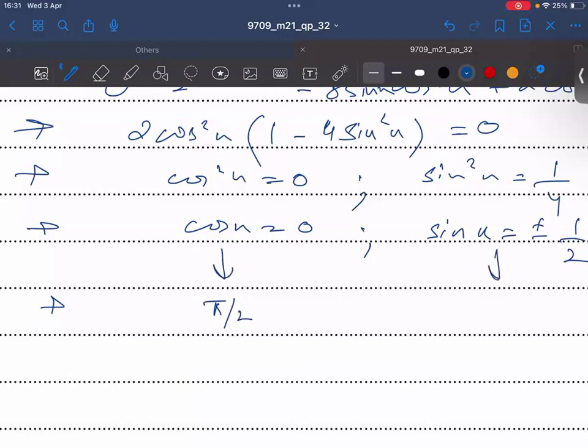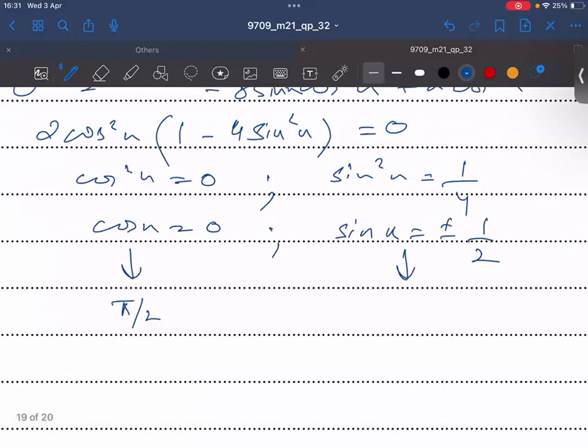And from here, between 0 to pi by 2, you're going to get pi by 6, and you're going to get 5 pi by 6.